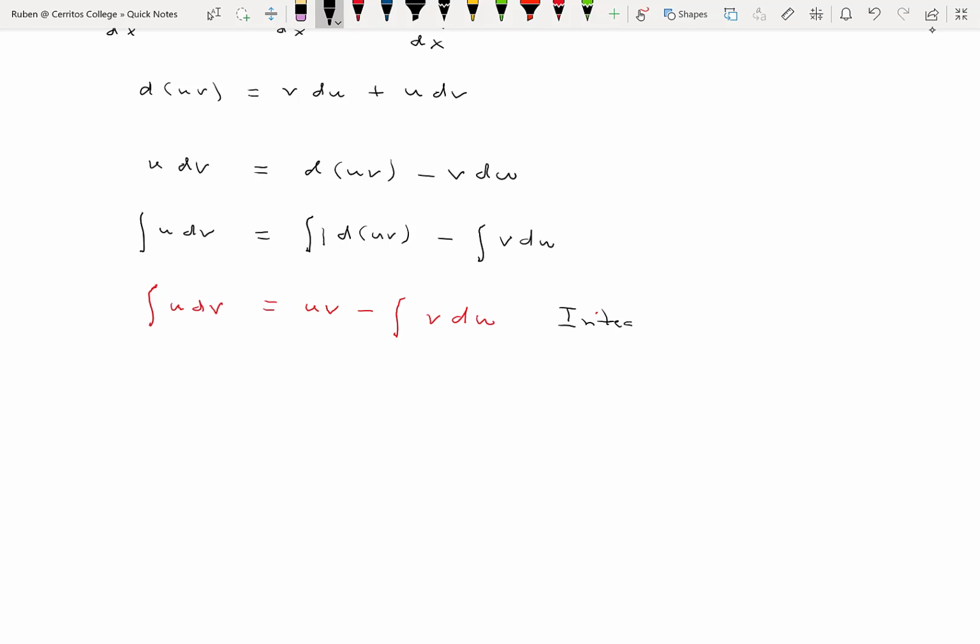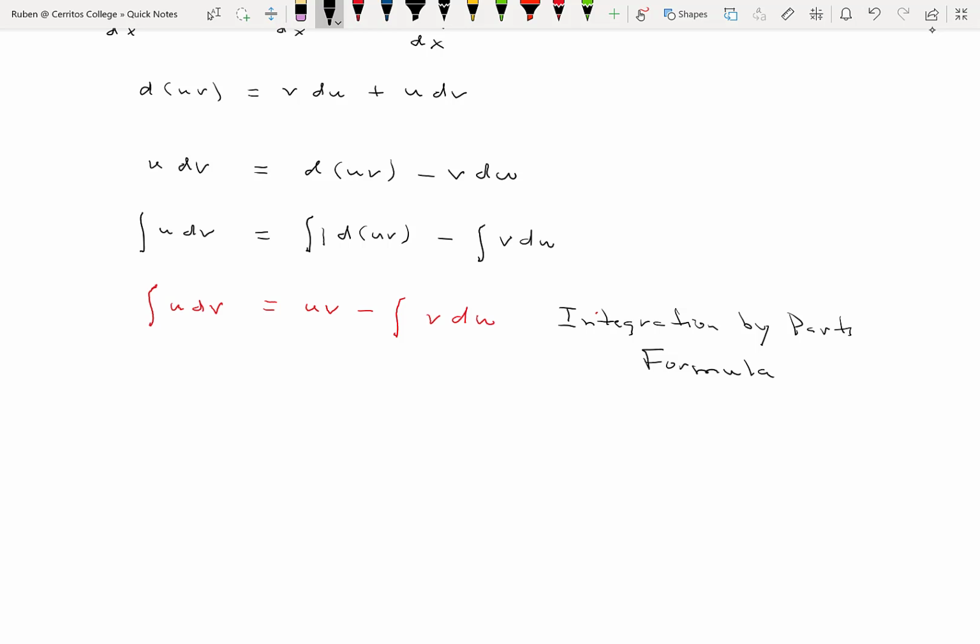Integration by parts formula. And for the remainder of this video segment, I want to show you how we use this, how we approach this. Now notice the integration by parts formula has one integral on the left and has another one on the right.